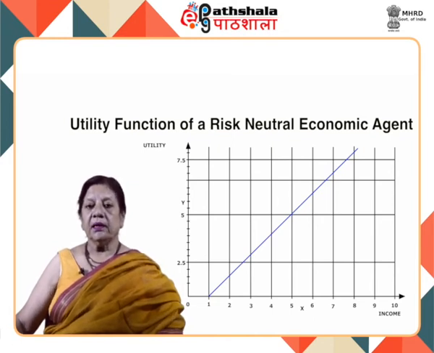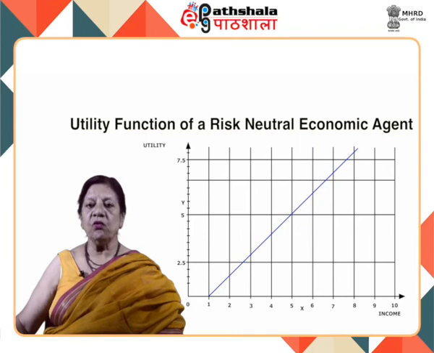Here again, the expected value of the outcomes is an expected income of 5 units, that is E(Y) = (0.5 × 2 + 0.5 × 8) units = 5 units.